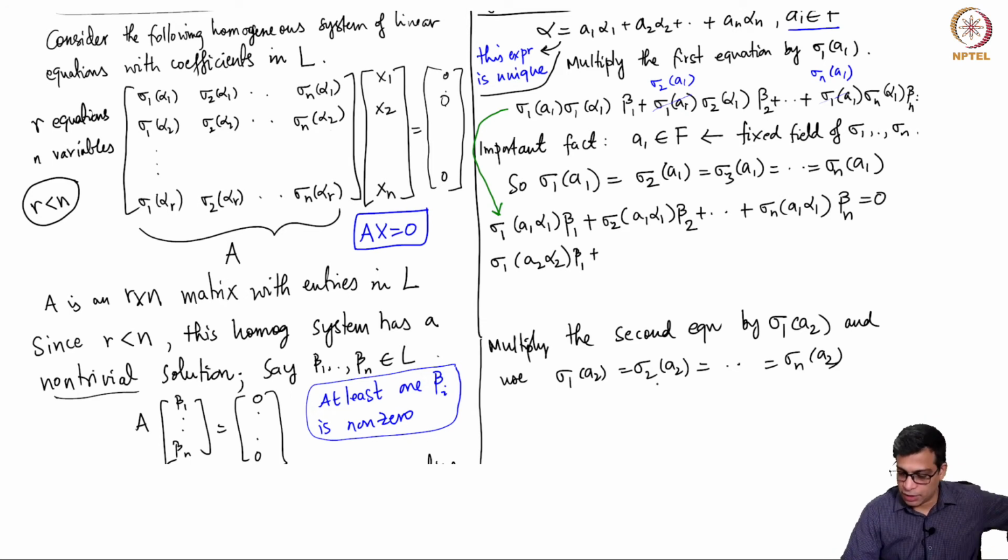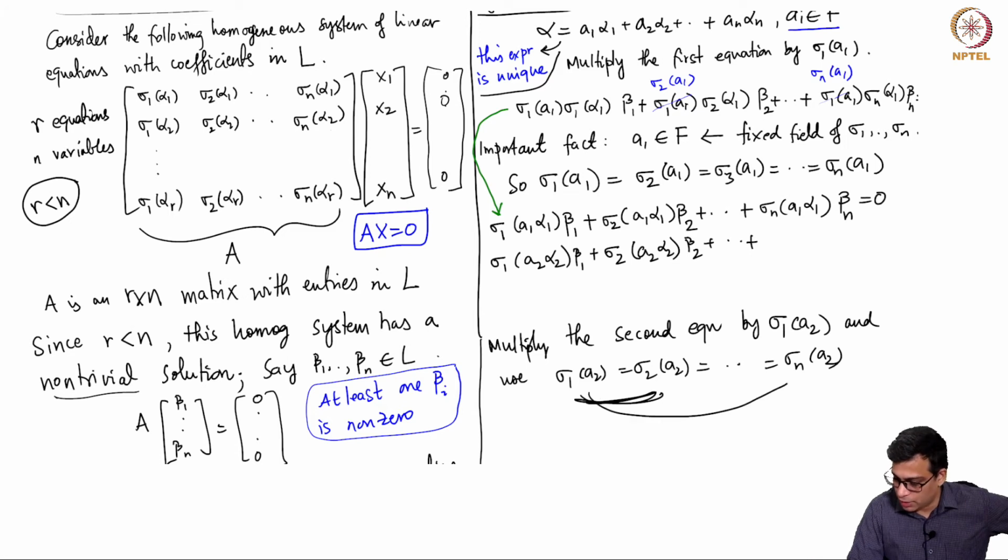The second term will be sigma 2 A2 alpha 2 beta 2, and the last term will be sigma n A2 alpha 2 beta n is 0.